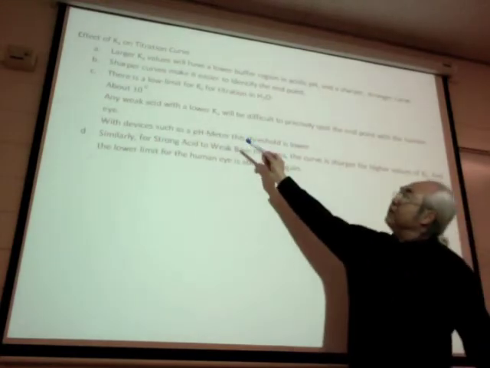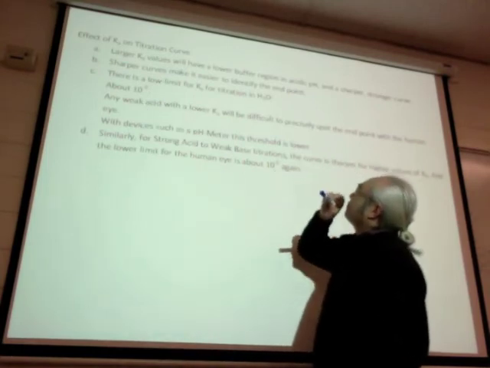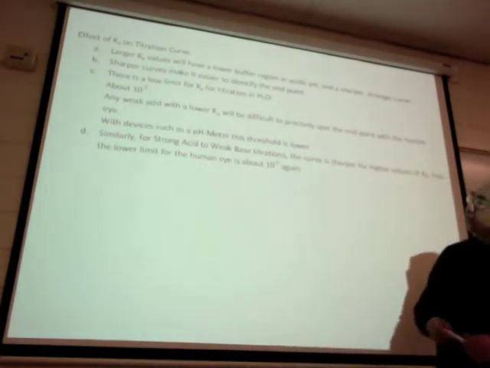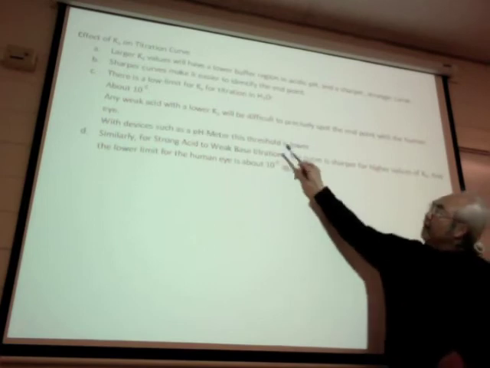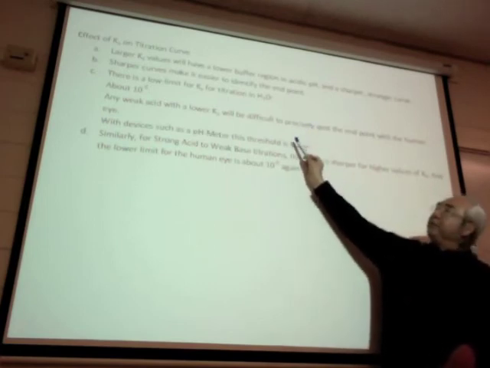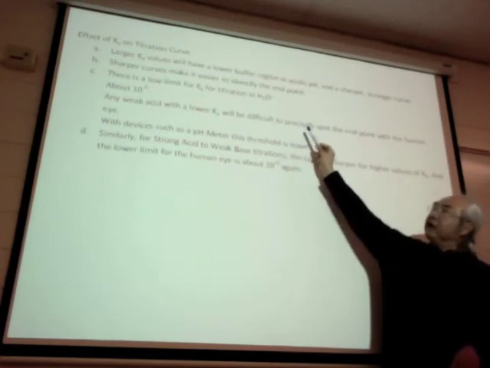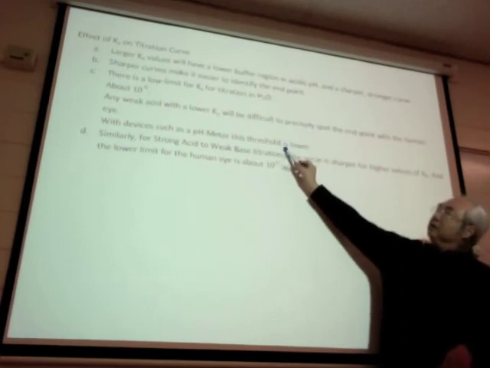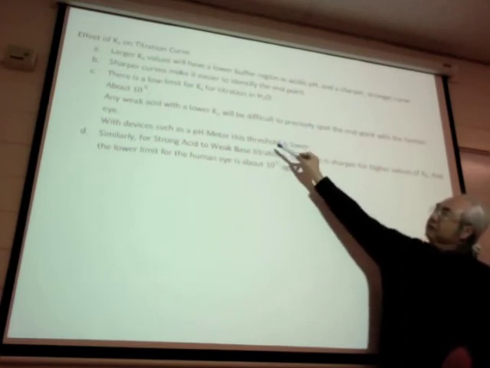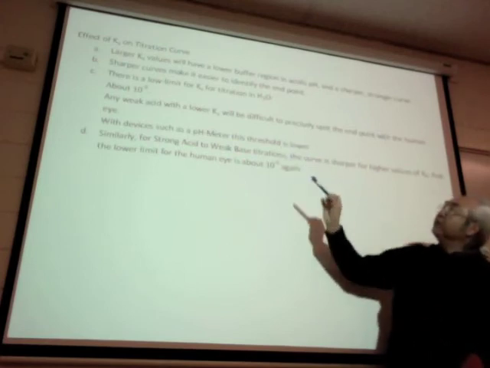Okay, so there's a low limit, 10 to the minus 6. Now, that is for human eyes to see. If you employ non-human, like a pH meter, to trace the history, then you can extend the lower limit, okay, using pH meter.